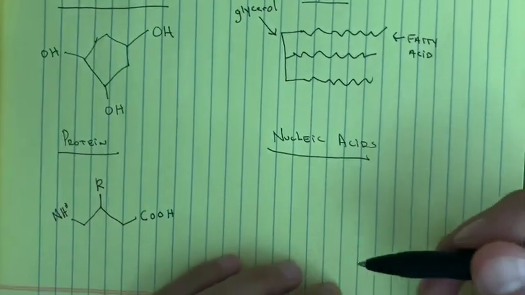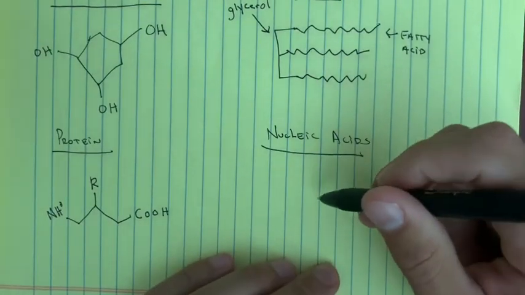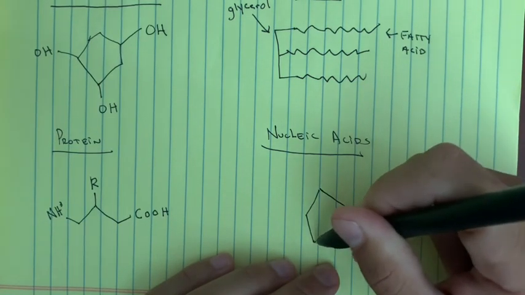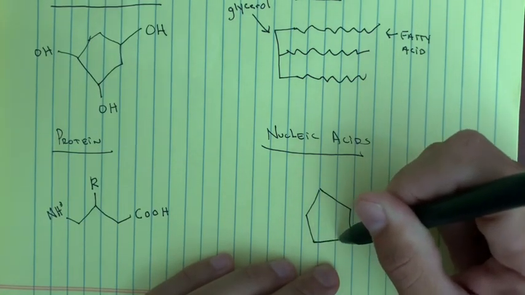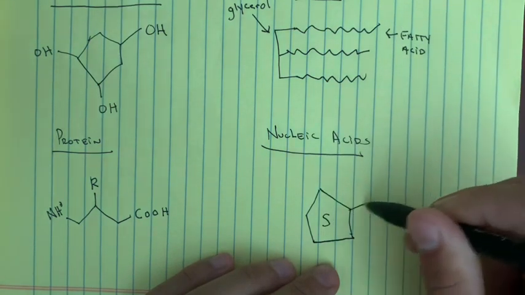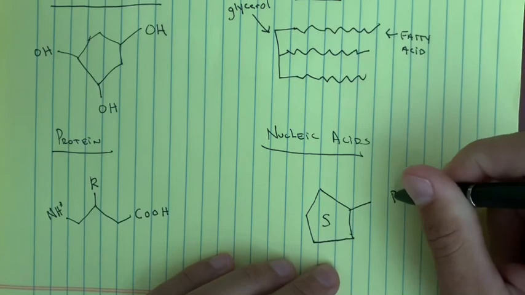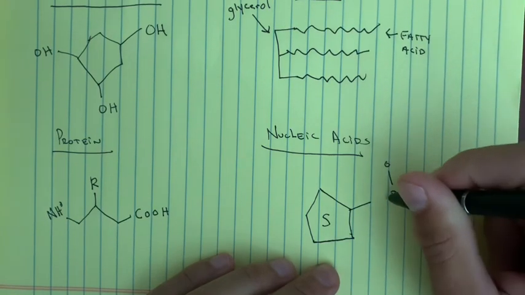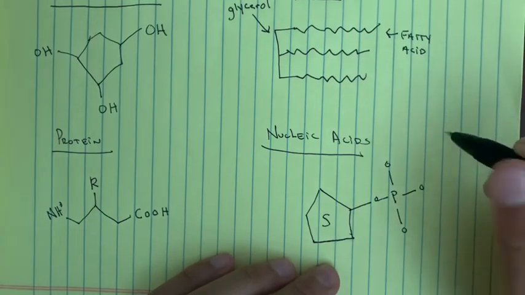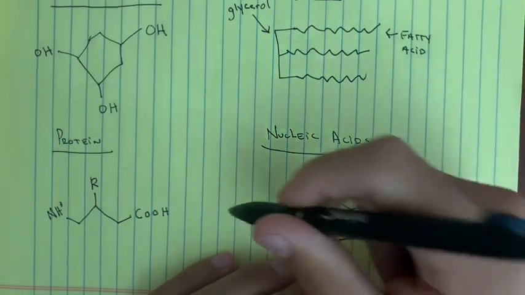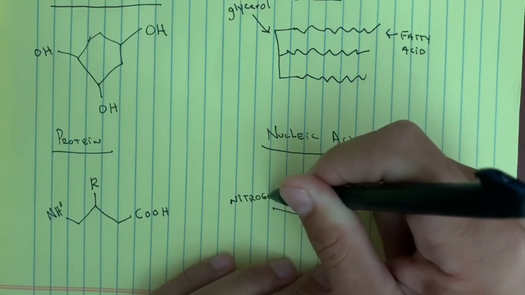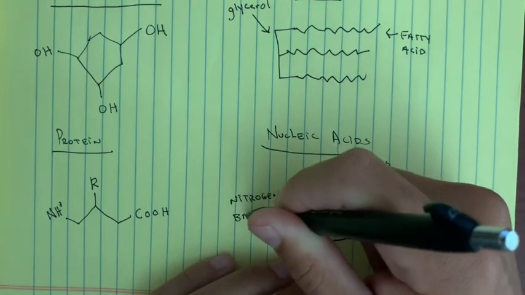The nucleic acid has, on this side, the phosphorus and the oxygens. Those O's are the oxygen. And then a nitrogen base.